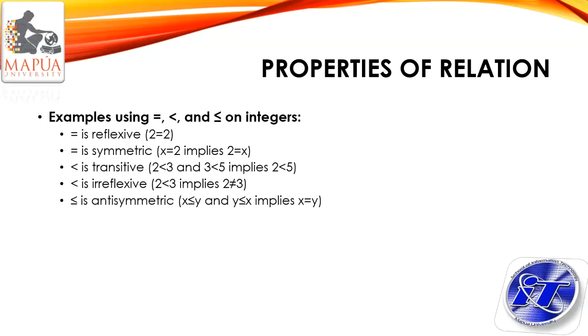And for antisymmetric or asymmetric, it means when we change the order of the relationship, it will be false. So for example, x less than or equal to y and y less than or equal to x. If we change it, it will become false.